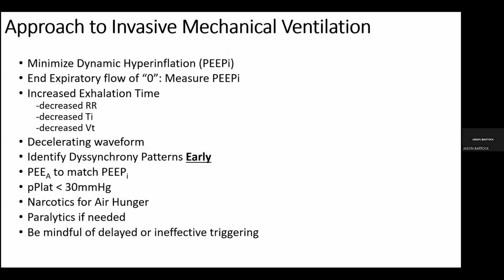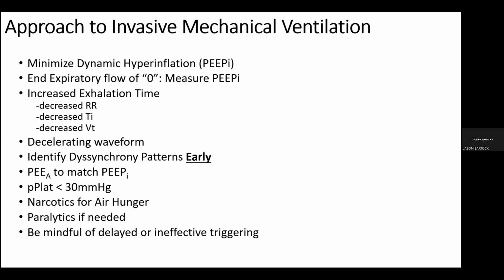So I'm running out of time here, but as you escalate care to invasive mechanical ventilation, remember that patients will often do worse before they do better. Your job is to minimize dynamic hyperinflation or intrinsic PEEP, and you can do that by limiting breath stacking, right?